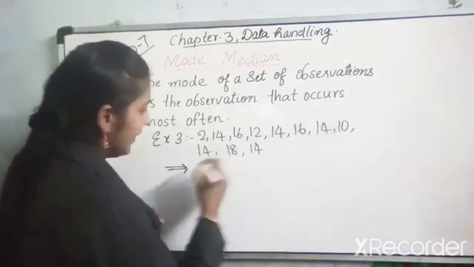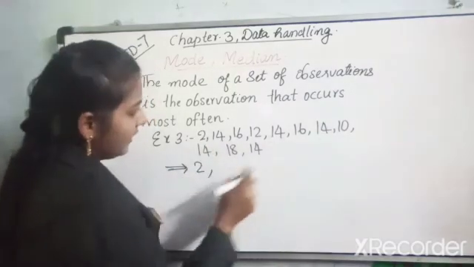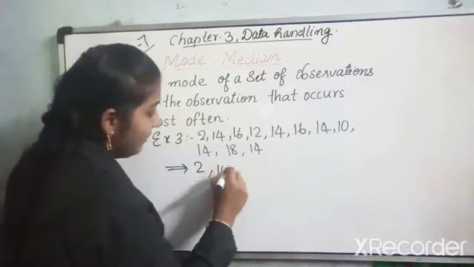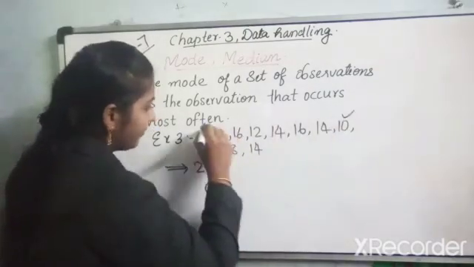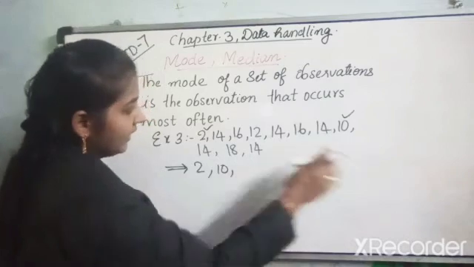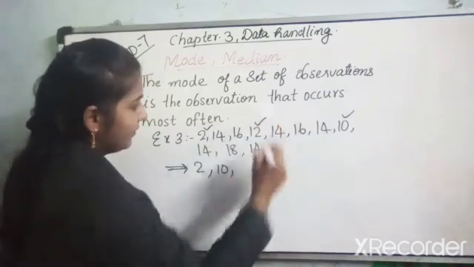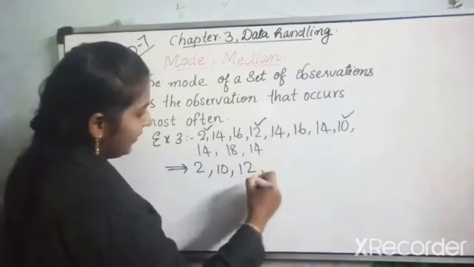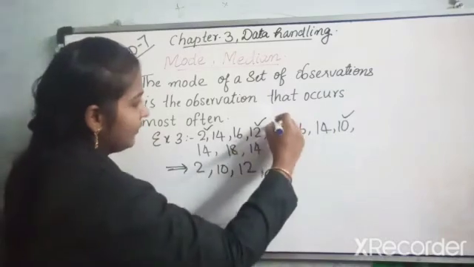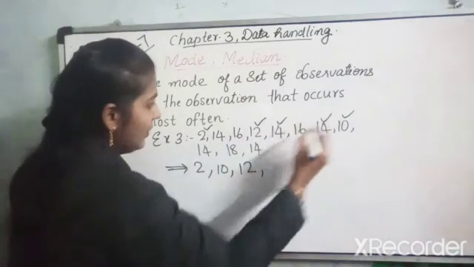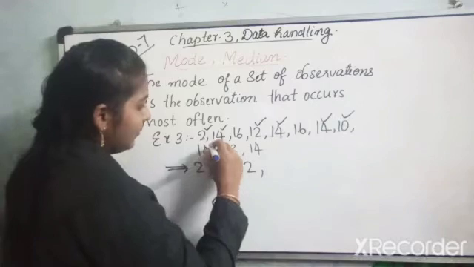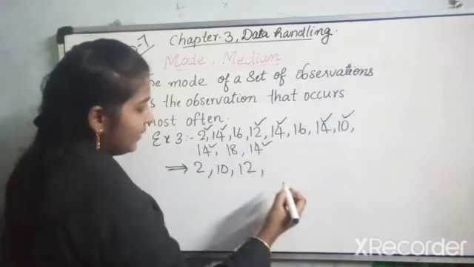First we write 2, then 10, only one 10, then 12, only one 12, then 14, that is 1, 2, 3, 4, 5 14s.